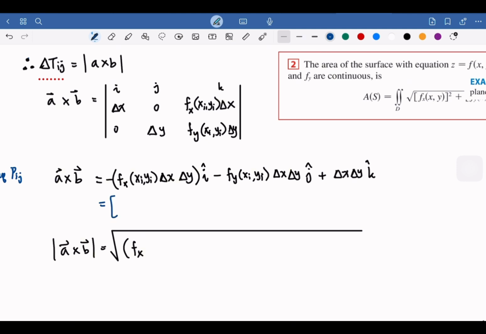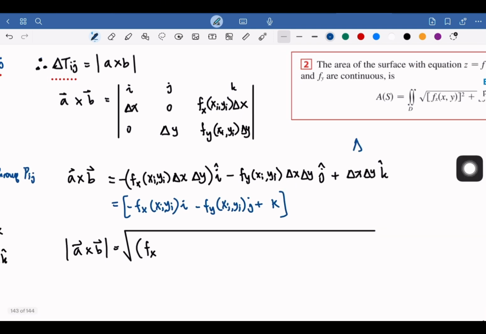So we have negative partial x, and then plus, oh, I forgot the j. So i, j, and 1k. And suppose the delta x delta y is delta A. I'll write this as a delta A, which makes much smaller equations.